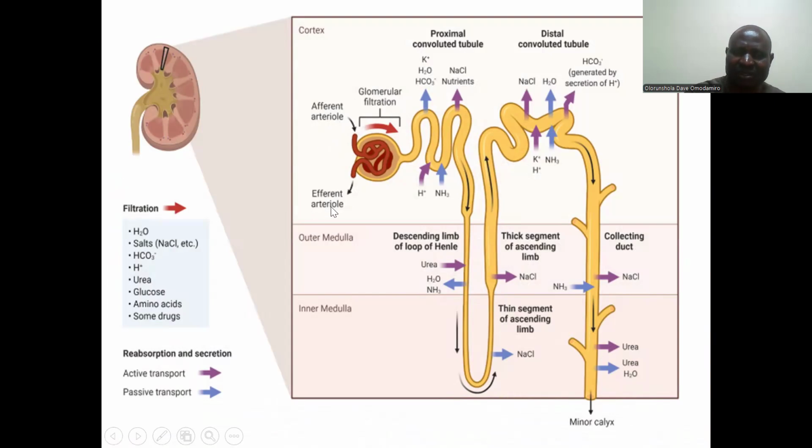When the afferent arteriole brings the blood into the Bowman capsule, the Bowman capsule is like a funnel that can filter whatever is being deposited here.